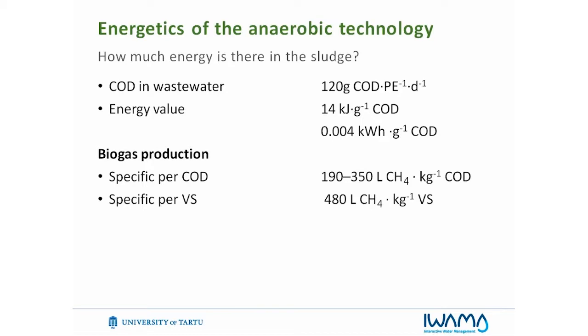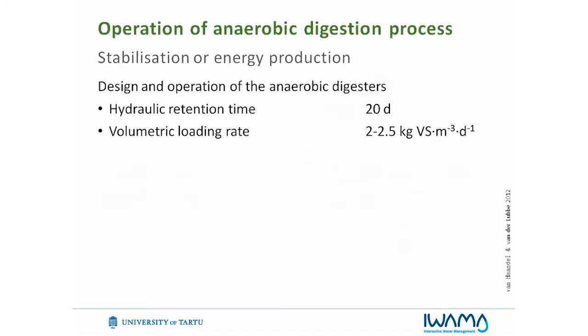If we have a standardized municipal sludge, without too much industrial influence, then the numbers are quite stable. But one of the best values for biogas is per reduced volatile solids, roughly 900 liters per kilogram of reduced organic solids. Although this is not really constant either, because volatile solids can also be nitrogen and so on.